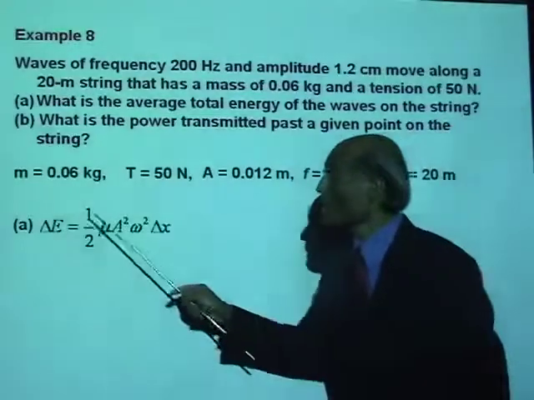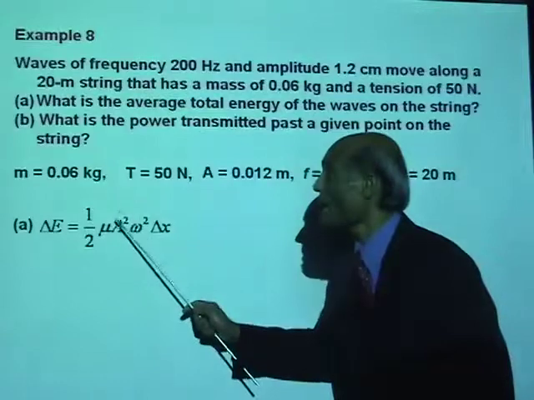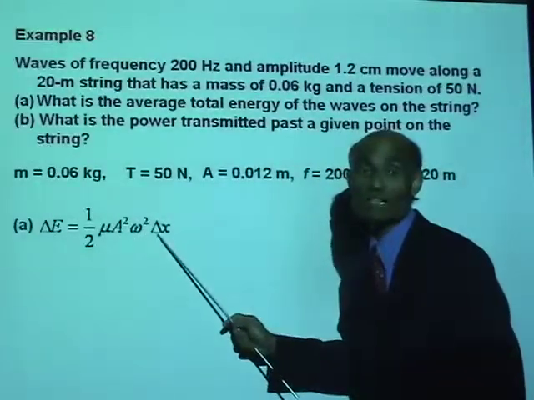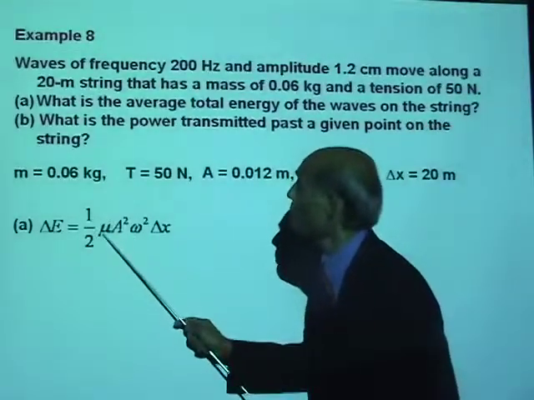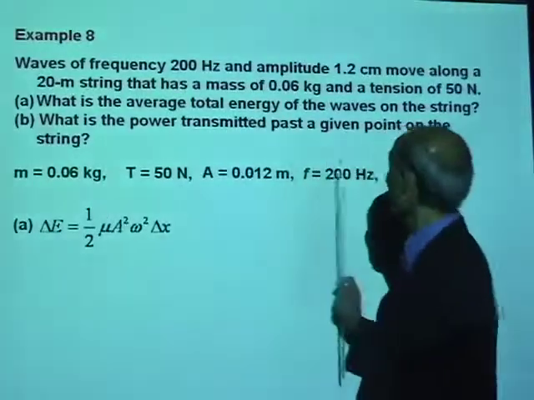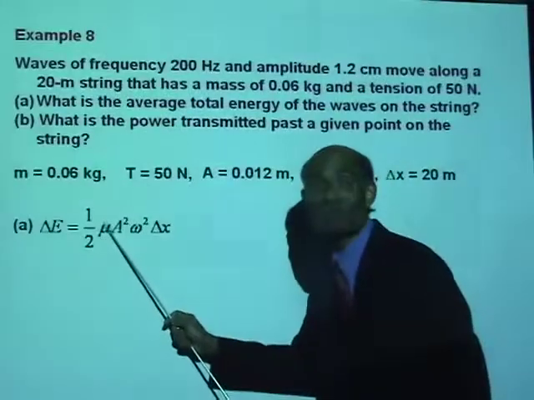Okay, now delta E, the energy transmitted, is 1/2 mu a squared omega squared delta x. Alright, what do we have? You have the length and the mass of the string. Can you calculate mu?